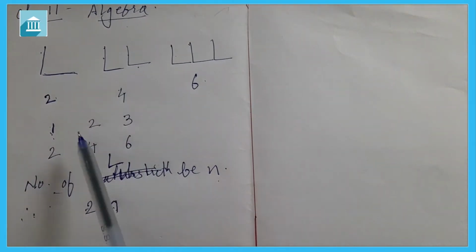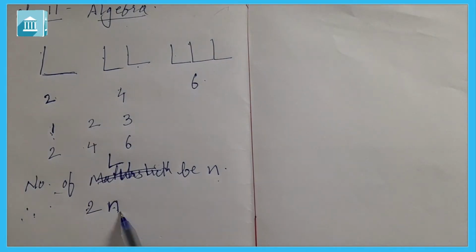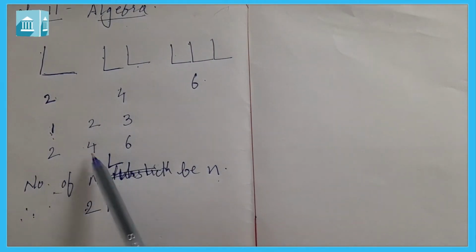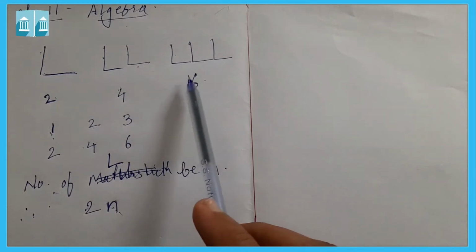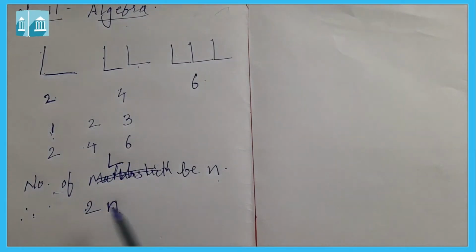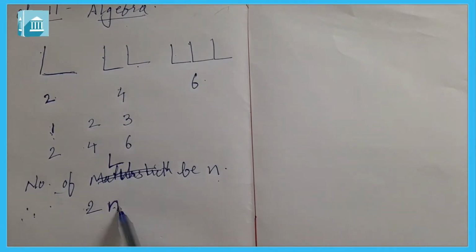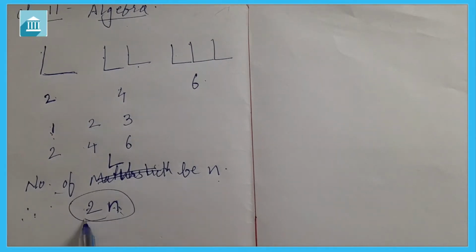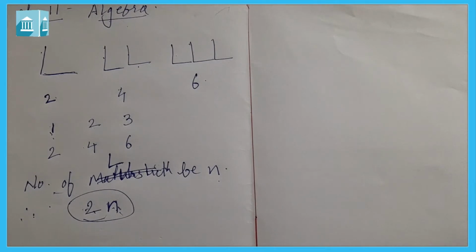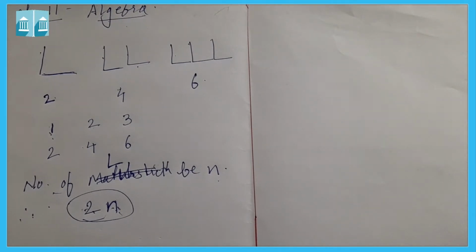If 2L, then 2 into 2, which is equal to 4. In the same way, if we need 3L, then it will be 2 into 3, which is 6. So here we got the formula to find out the matchsticks needed to form L.